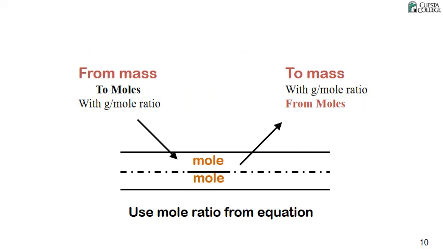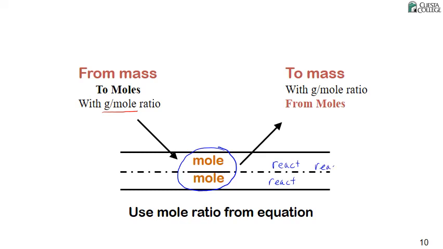Here's another little figure if you like more of the cartoon issue. One can calculate from the mass of a reactant or some other substance, like a product. So from reactant or product, you can calculate moles with the mass to mole ratio. Once you know the number of moles of the substance that you just worked with, it can be related to the moles of some other substance. So you can do reactant to reactant.